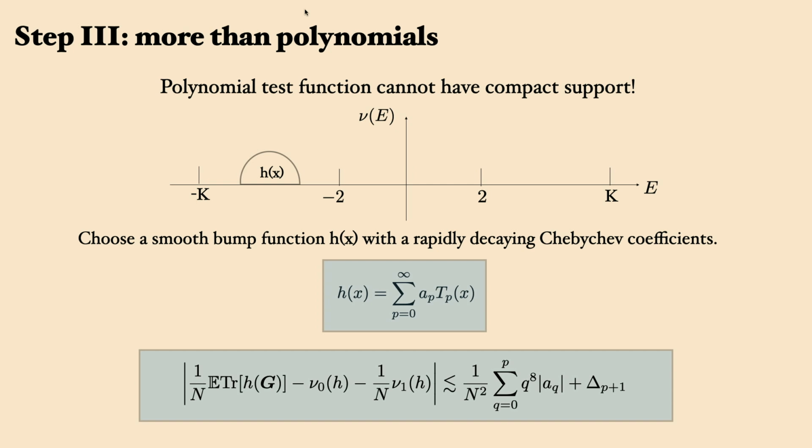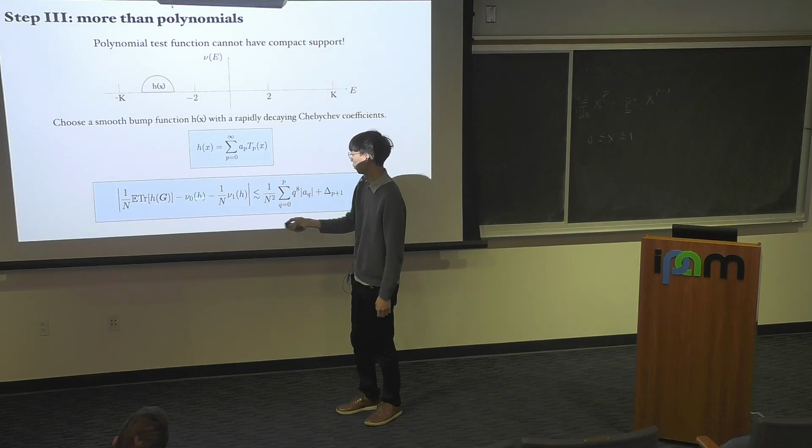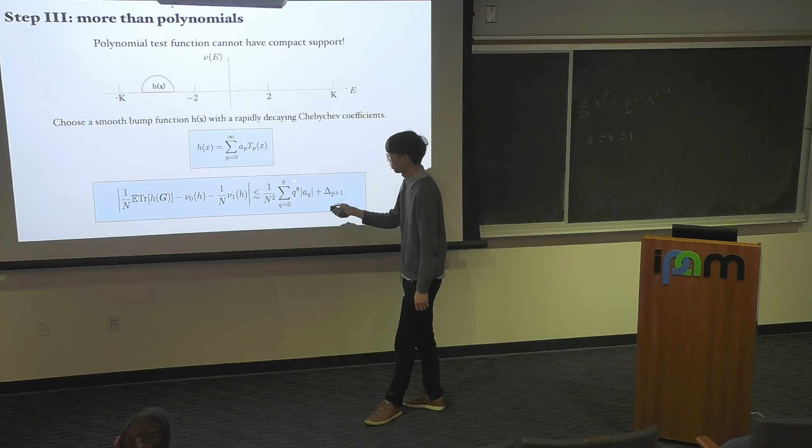What you really want is to choose this function such that its expansion into some polynomial basis, in this case Chebyshev, is a good choice, so that you want the coefficients to decay very quickly with the degree. This interplays very nicely with the quantitative bounds.